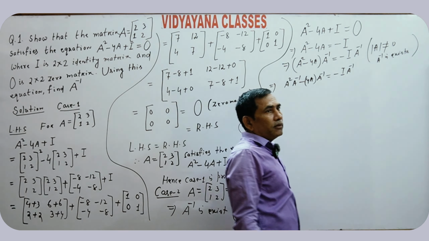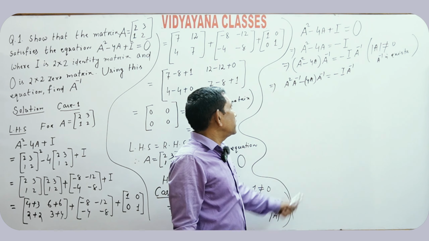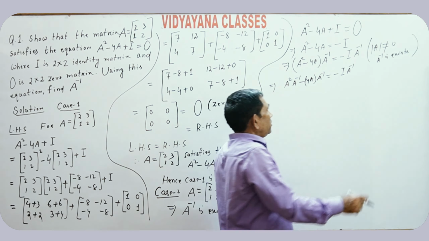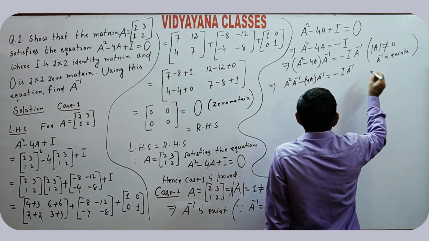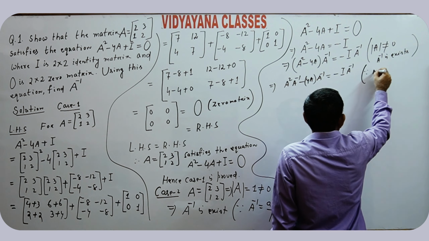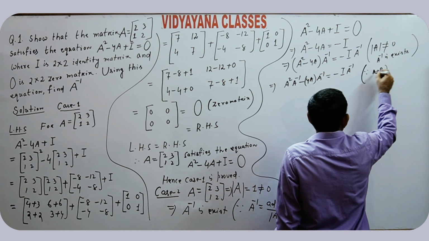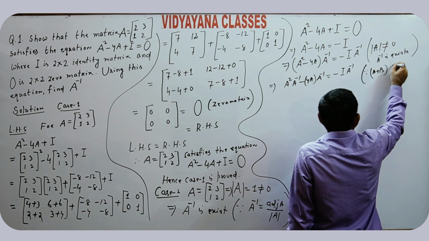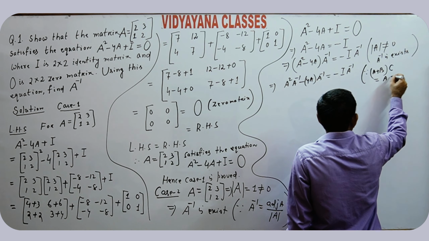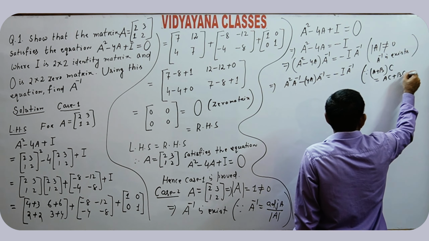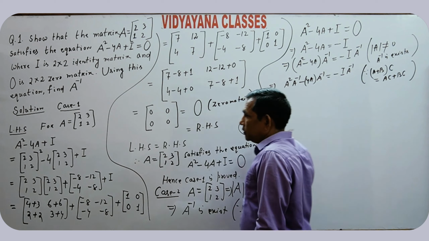Since matrix multiplication is distributive, A plus B into C is equal to AC plus BC.